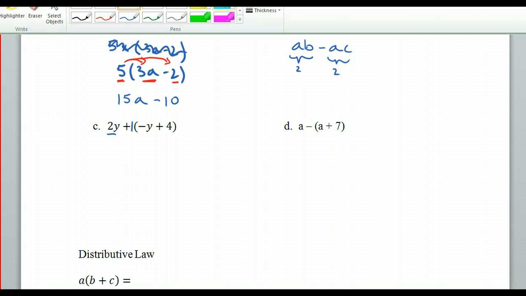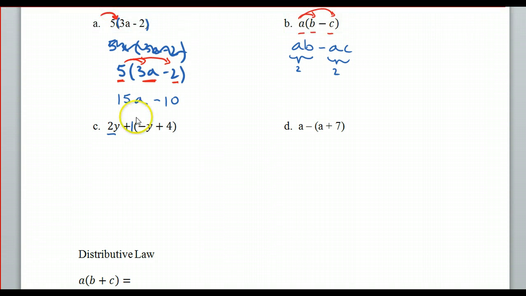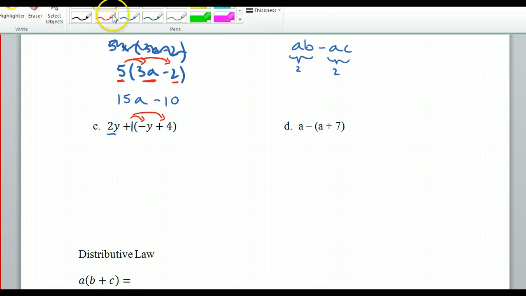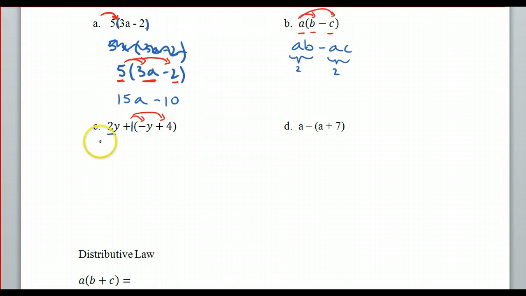So now, how do you get rid of the bracket? Well, the same way, I'm going to multiply all the terms inside the bracket with that 1. So the 2y just stays on the outside. And now I have 1 times negative y is going to be negative y, and 1 times 4 is going to be positive 4.